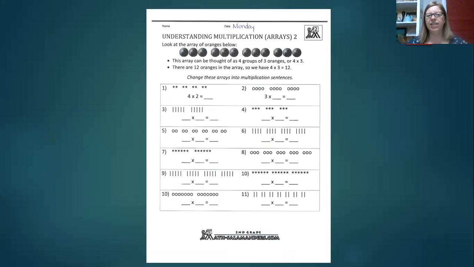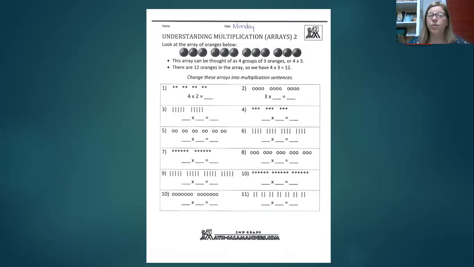It says, Understanding Multiplication, Arrays 2. Look at the array of oranges below. This array can be thought of as 4 groups. Can you see the 4 groups of 3 oranges? Can you see that they are grouped into 4 groups with 3 oranges each? Or 4 times 3.